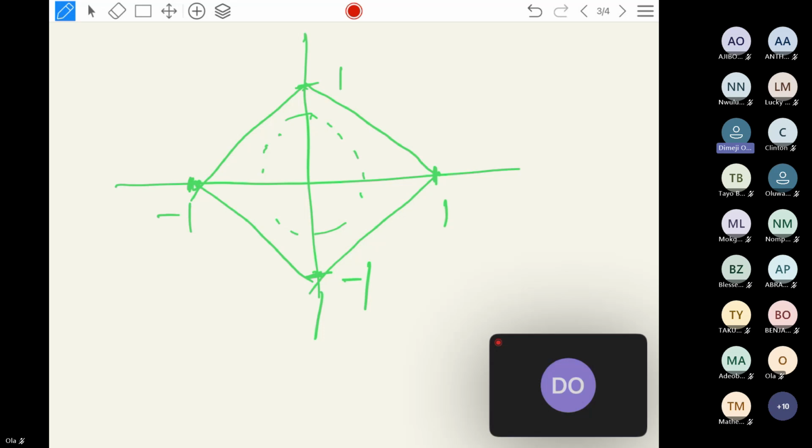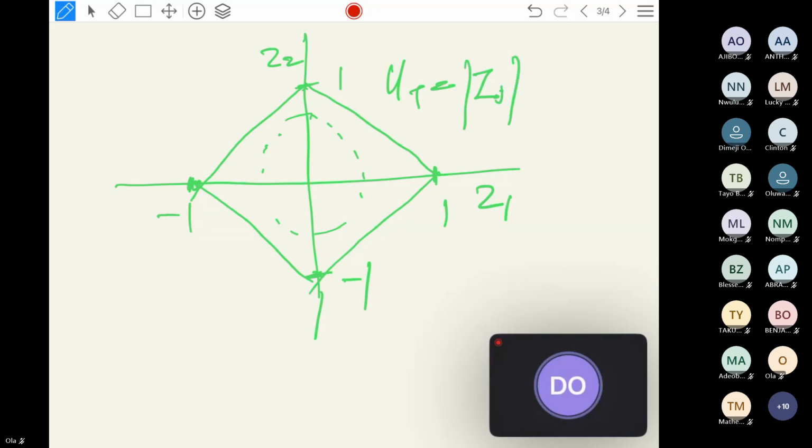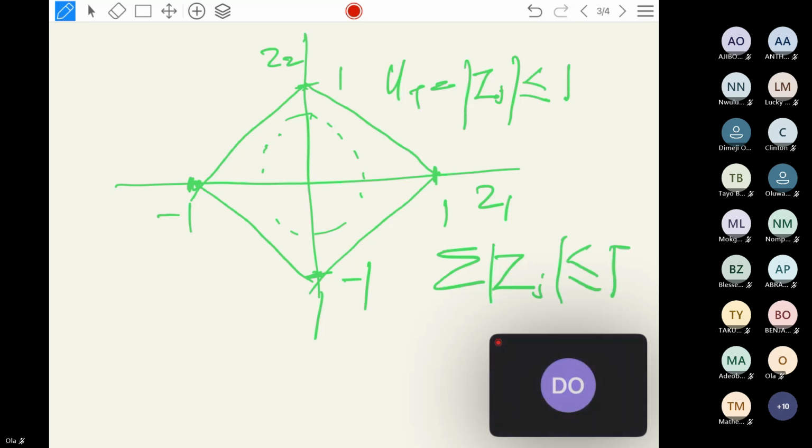And then we have Z1, Z2. So this shows that the absolute value of Z is less than or equal to 1, and the summation of the absolute values of Z, for this one, is 1.